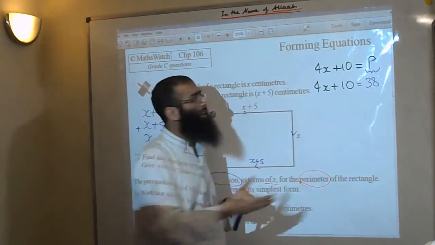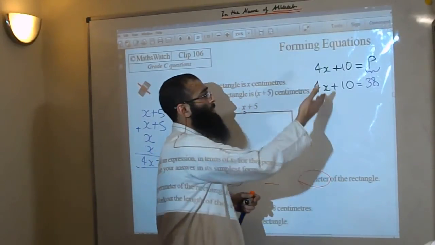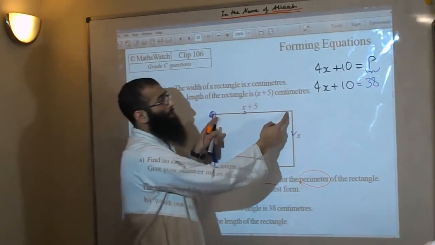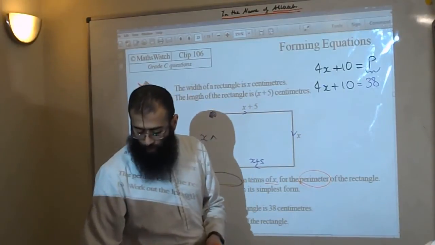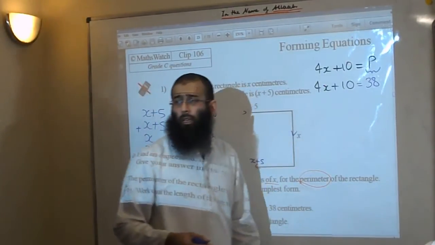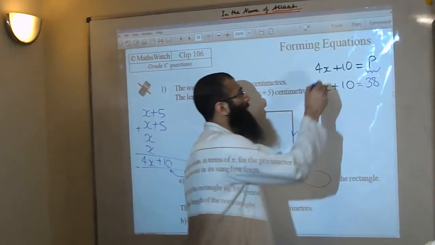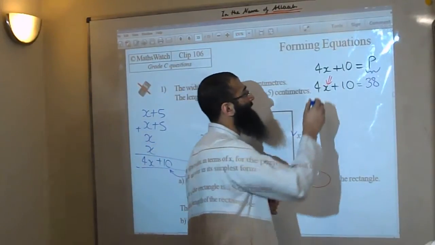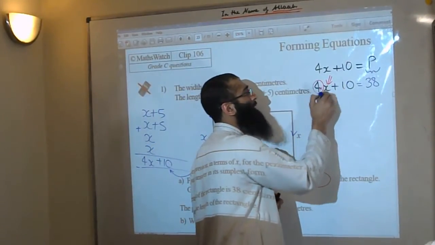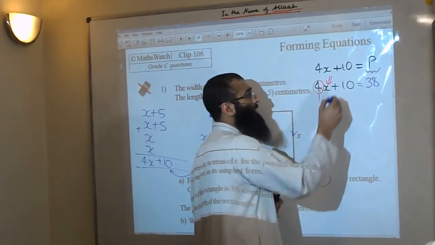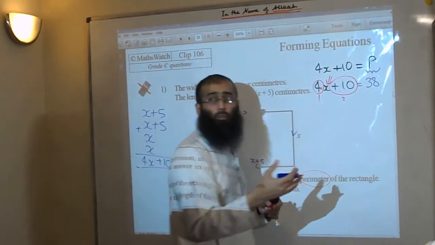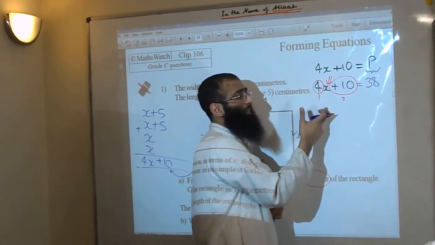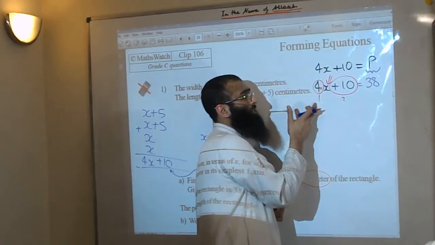Now what we have here is a linear equation in terms of x, and we've got to work it out. We've got to work out the length of the rectangle, and the length is x plus 5, so we've got to work out x first. Whenever we solve an equation like this, we always start by looking at the x, and then we identify the actions: first action, second action. x has first of all been timesed by 4, and then it's been added to 10.